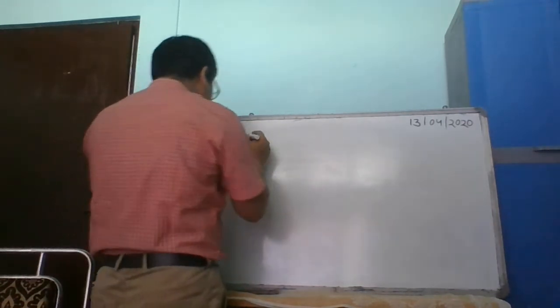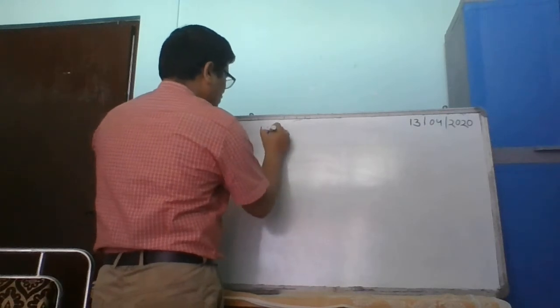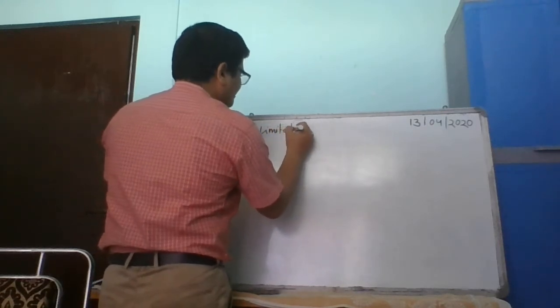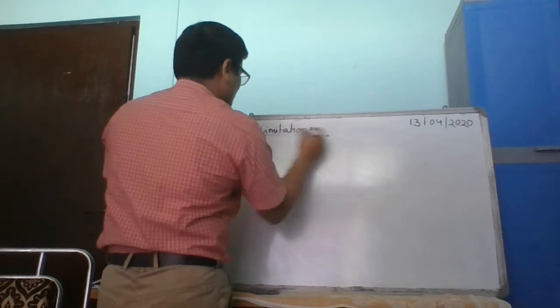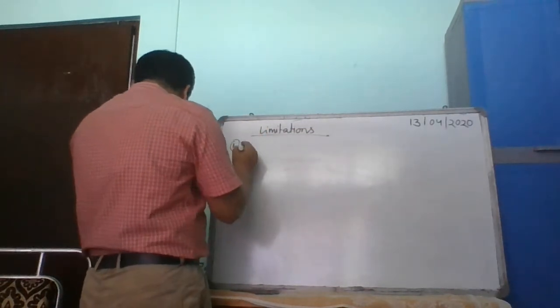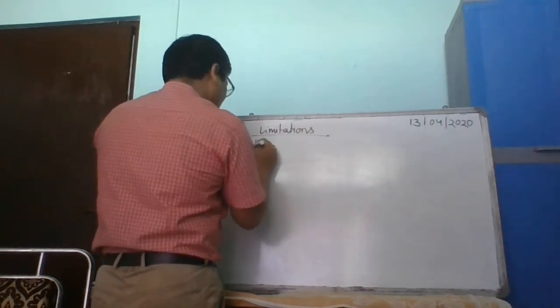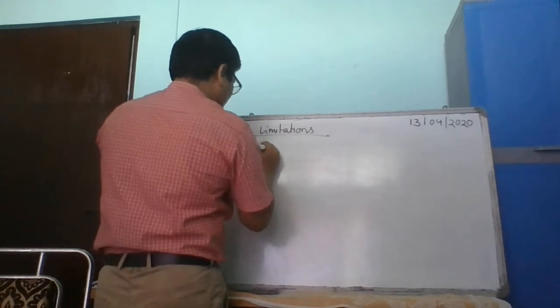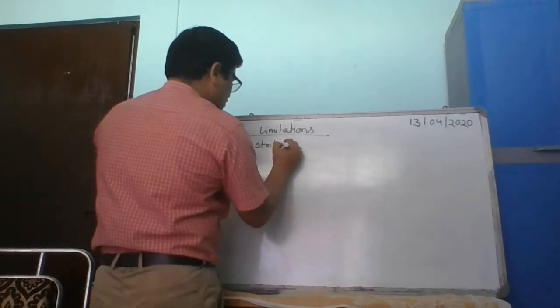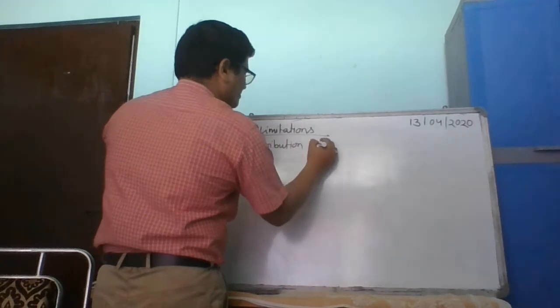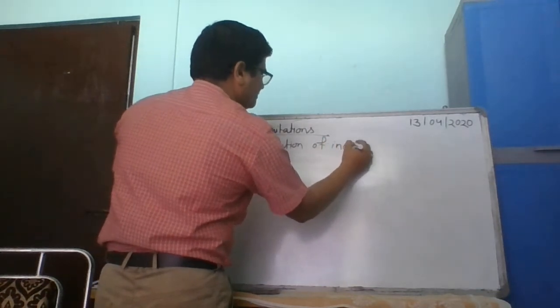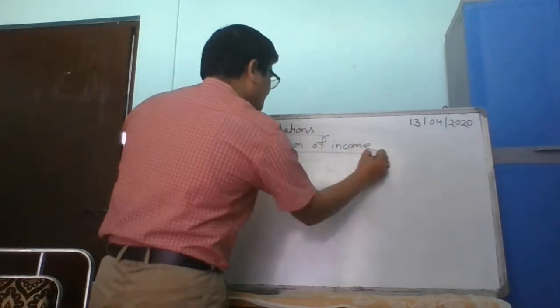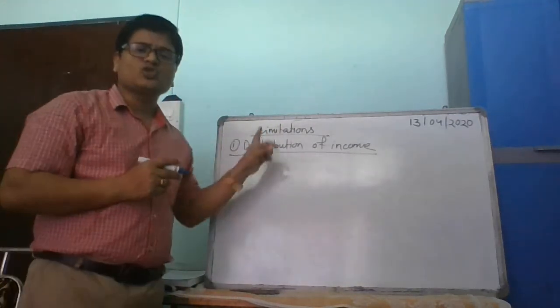First limitation: distribution of income.